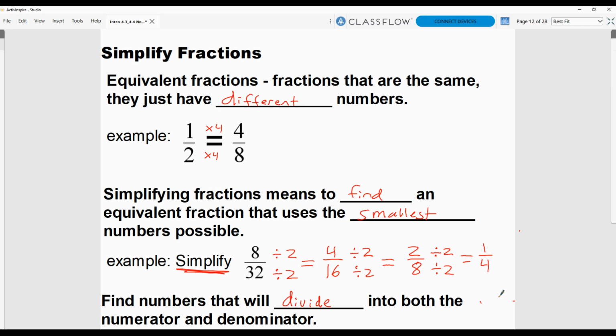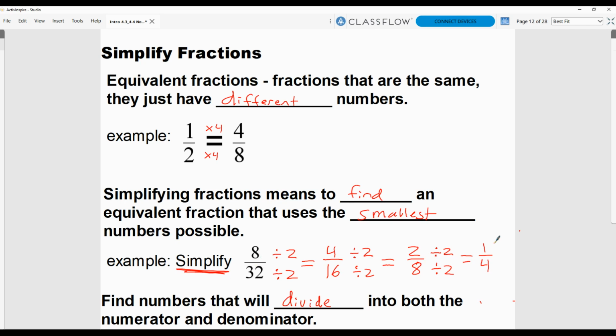If there's nothing else I can divide these two numbers by, and there isn't, there's no other number I can divide both of these by to get it to change into another fraction. So these are the smallest numbers we found that make a fraction that is equivalent, that is equal to 8 over 32.